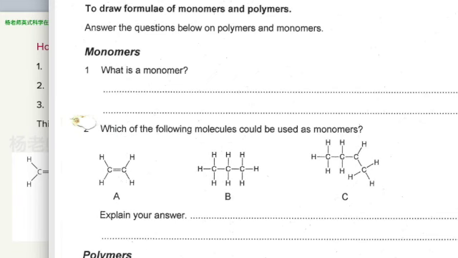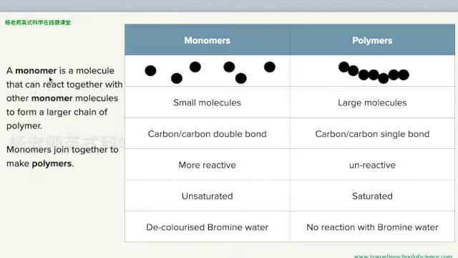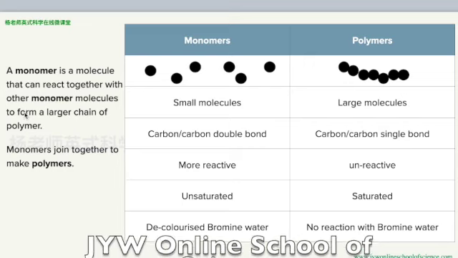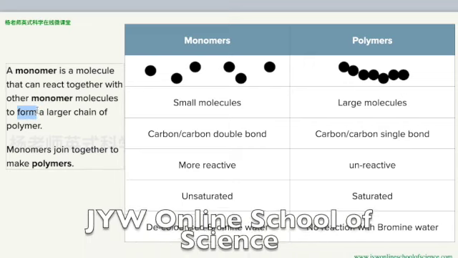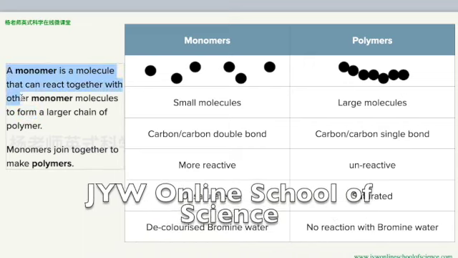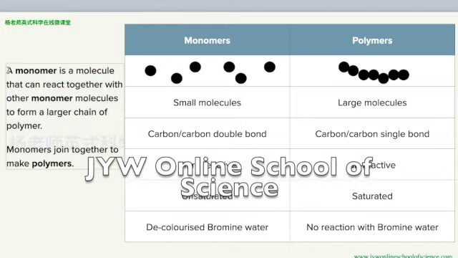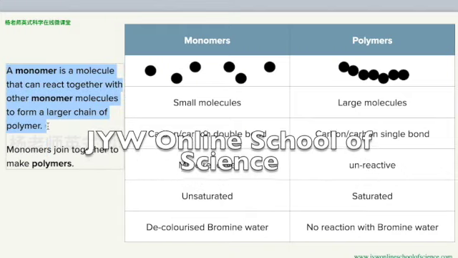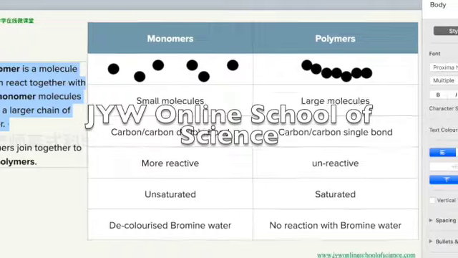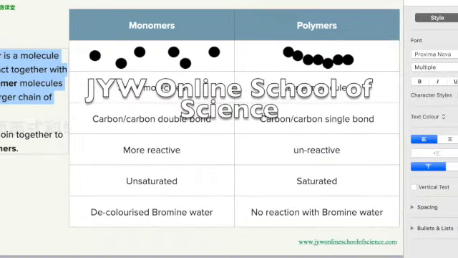Usually, they're very reactive. So a monomer is a molecule that can react together with other monomer molecules to form large carbon chains. We can literally just use this definition as the answer to that question.